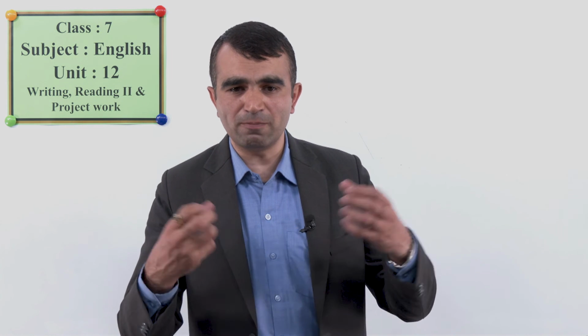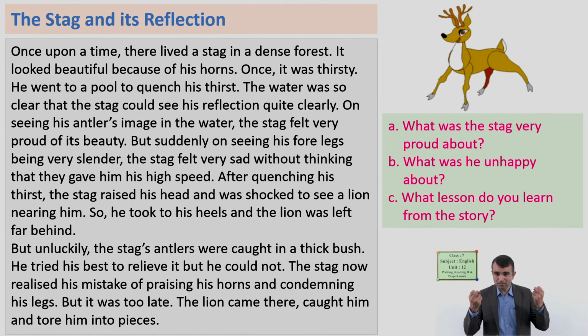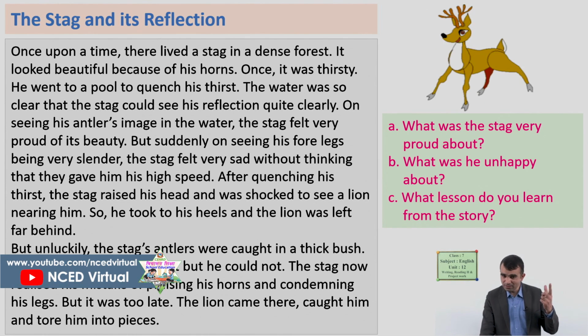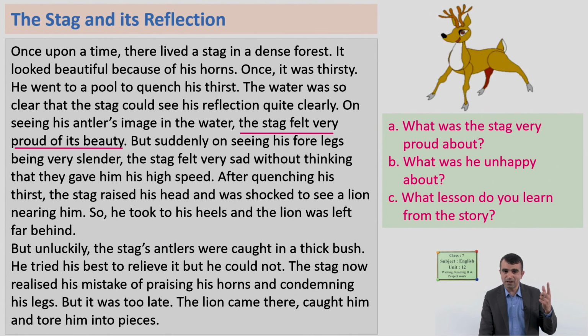Now, can you find answers to them? What was the stag very proud about? The stag felt very proud of its beauty, means he was very proud about his beauty. Simply you can say his beauty.